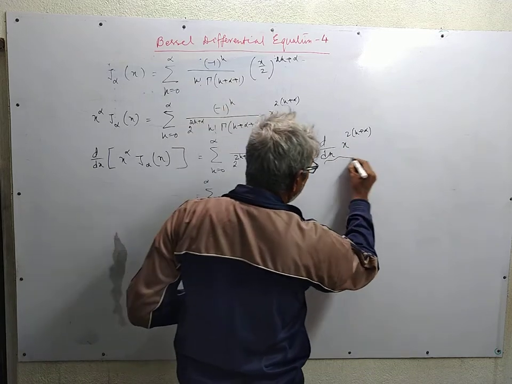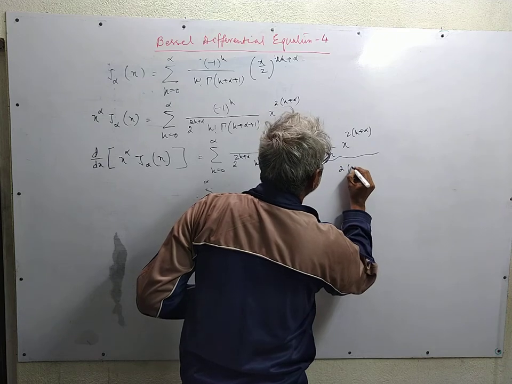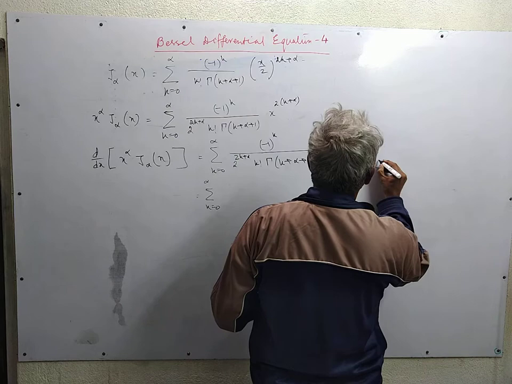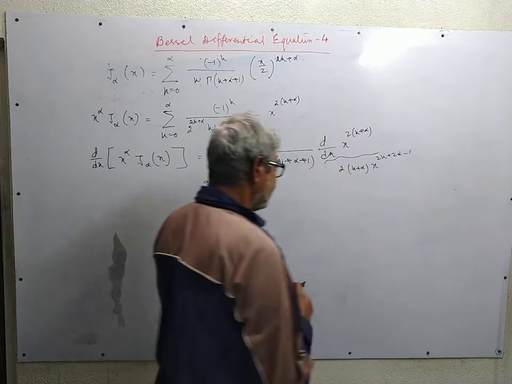This part is actually equal to 2 times k plus alpha and x to the power 2k plus 2 alpha minus 1.